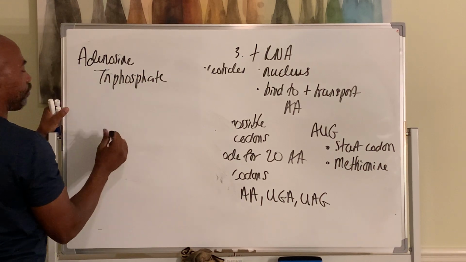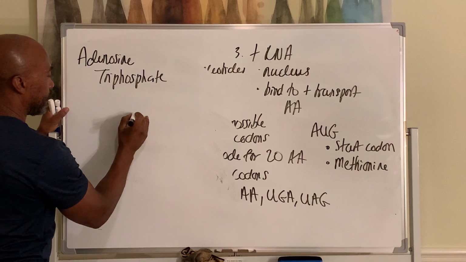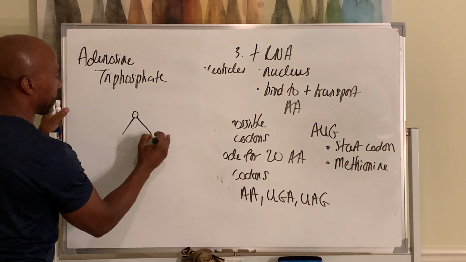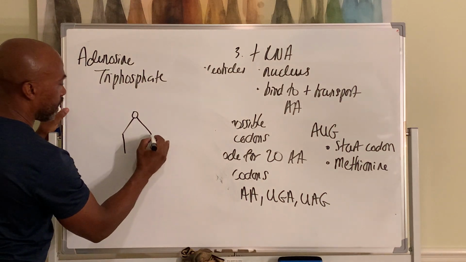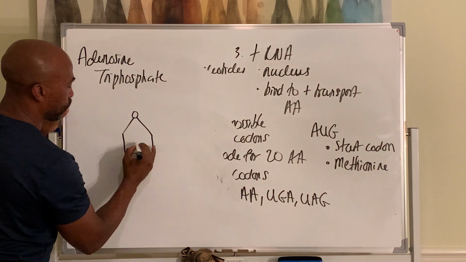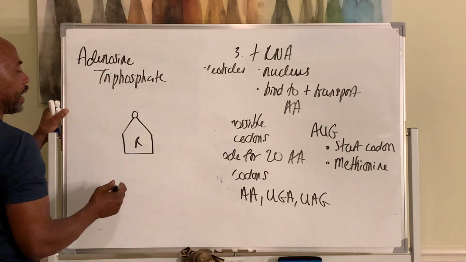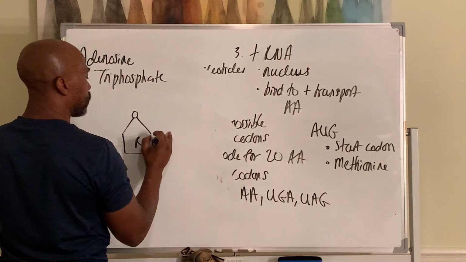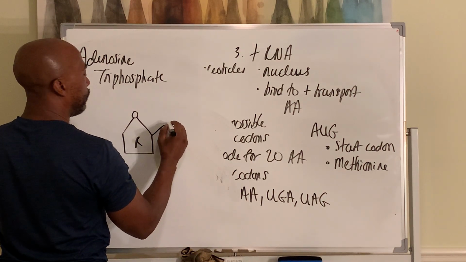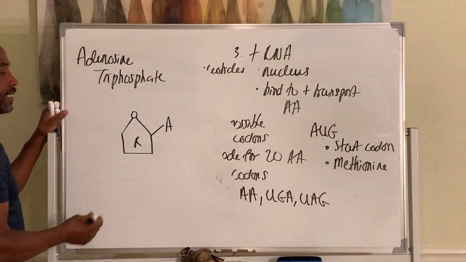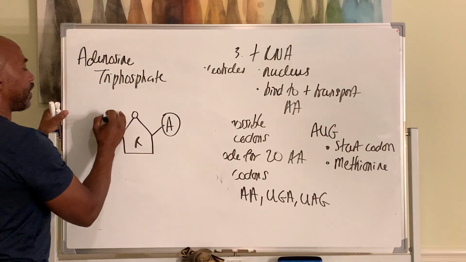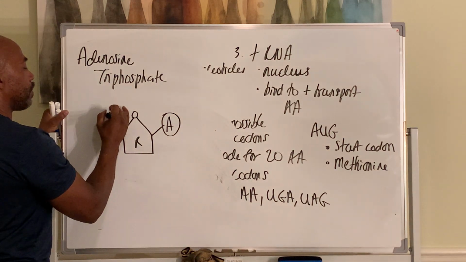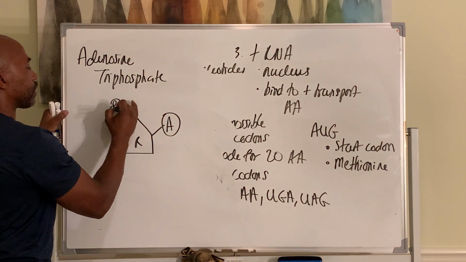It's basically an RNA nucleotide. You have your ribose sugar there, and attached to number 1 is your base, in this case the adenine base.